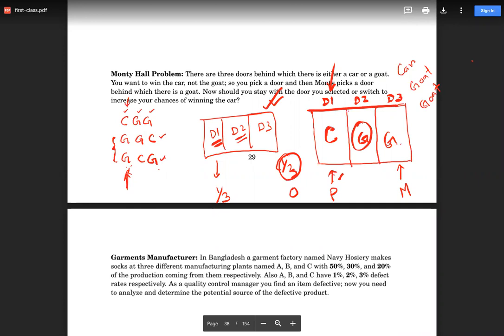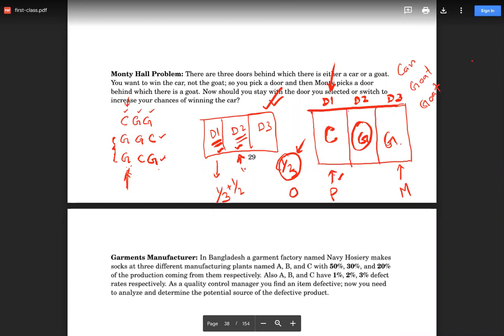Then where does this 1/3 go? Many people argued that this 1/3 is going to be divided equally between door 1 and door 2. So half of 1/3 gets added to this, and half of 1/3 gets added to that.